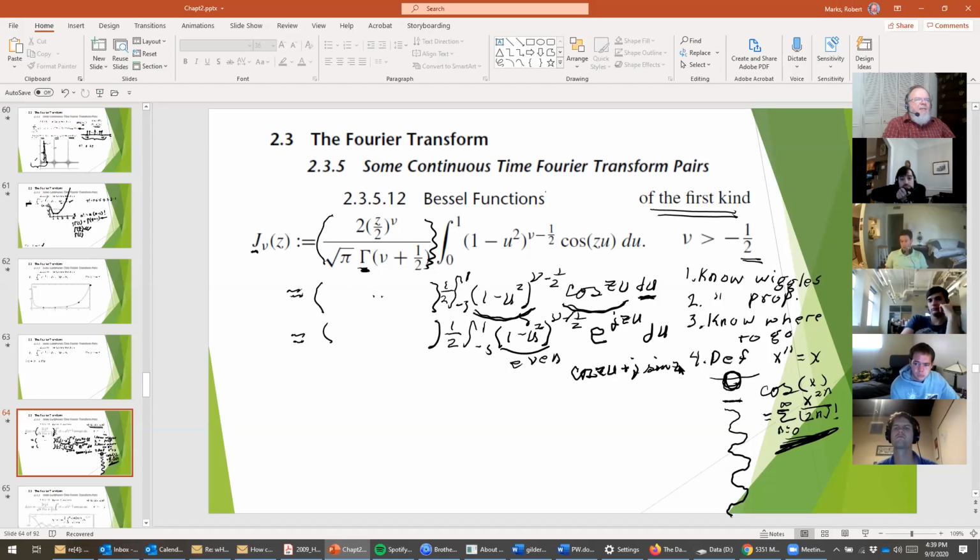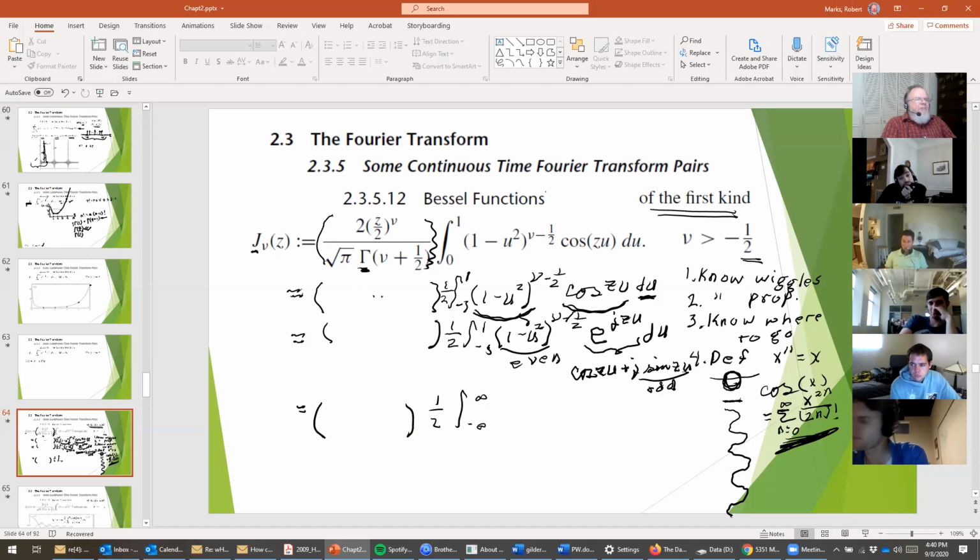This e to the j zu can be deconstructed via Euler into the cosine of zu plus j times the sine of zu. This is odd. This is even. If we multiply this even by this odd, that's going to be odd, and that's going to make no contribution to the overall integral. I can likewise write this as all of this stuff times 1/2. And now I'm going to do the integral from minus infinity to infinity.